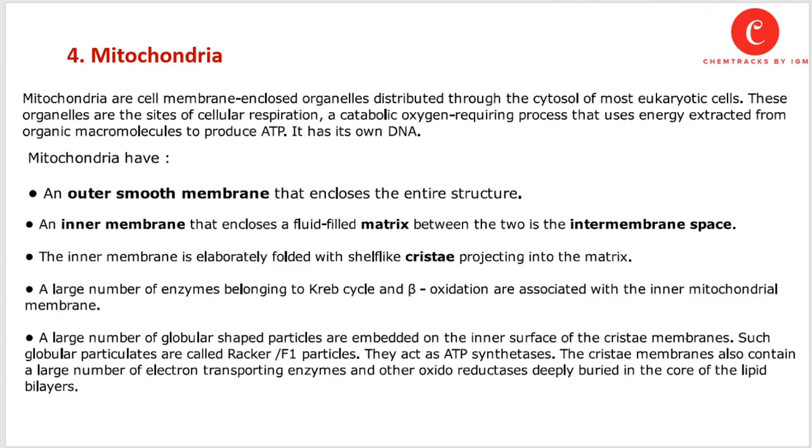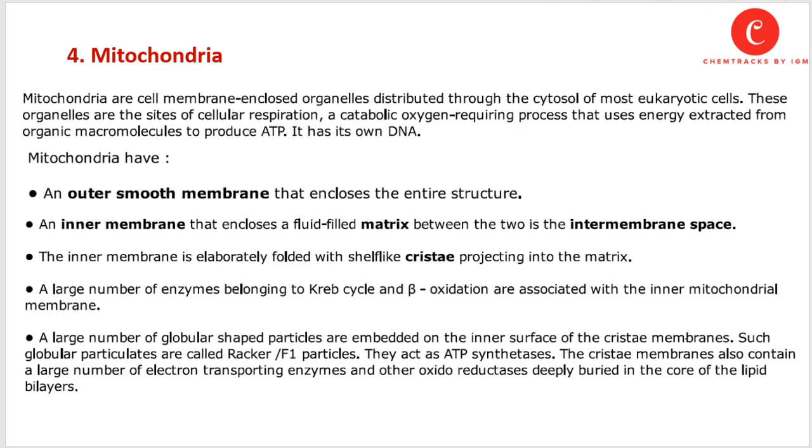ATP is adenosine triphosphate, the energy currency of the cell, and mitochondria have their own DNA. So we can say that the mitochondrion is another most important organelle of the cell, which can control important activities of cells, because it contains its own genetic material or DNA.